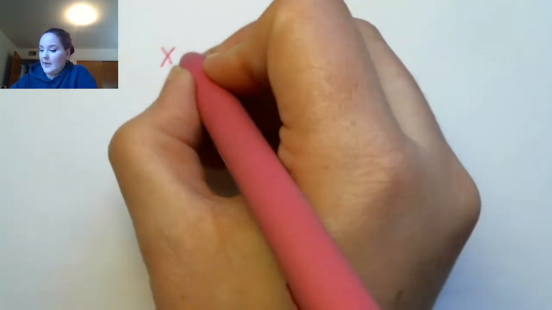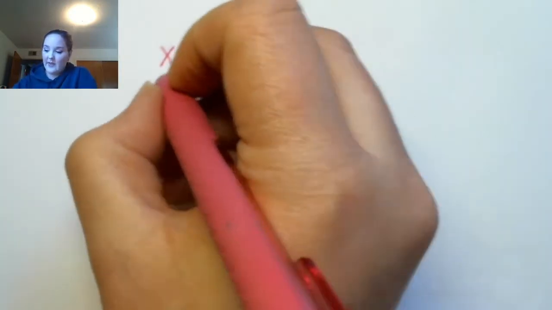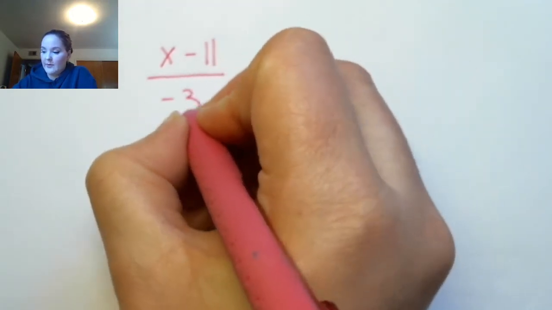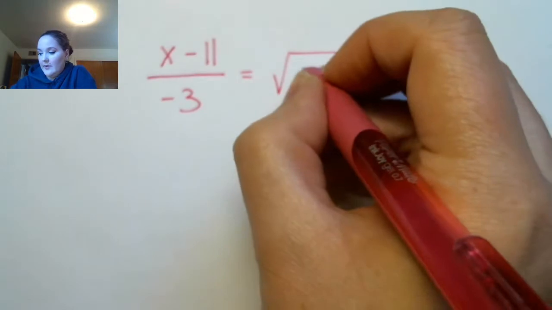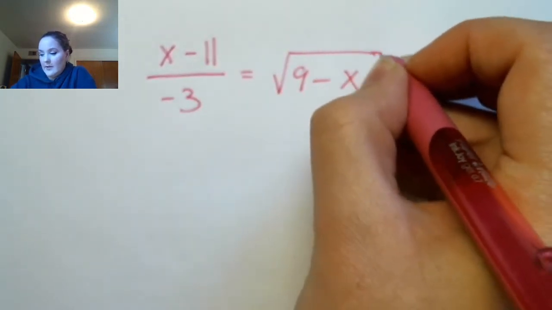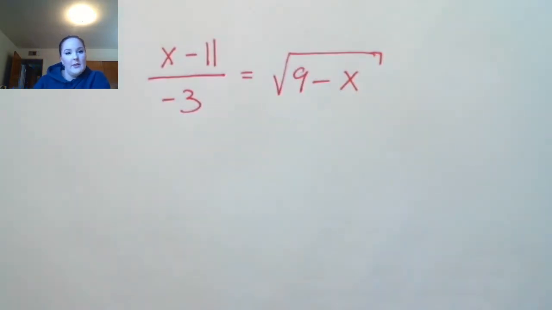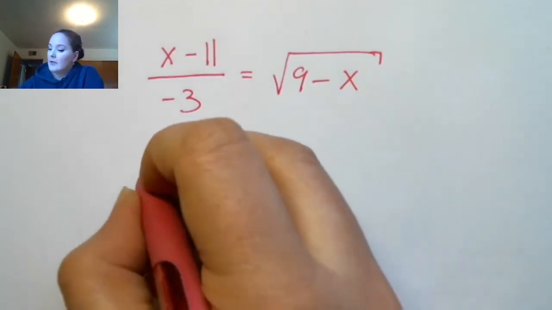So I get x minus 11, since I was dividing everything by 4, over negative 3, equals square root of 9 minus x. And then I'm going to square both sides.